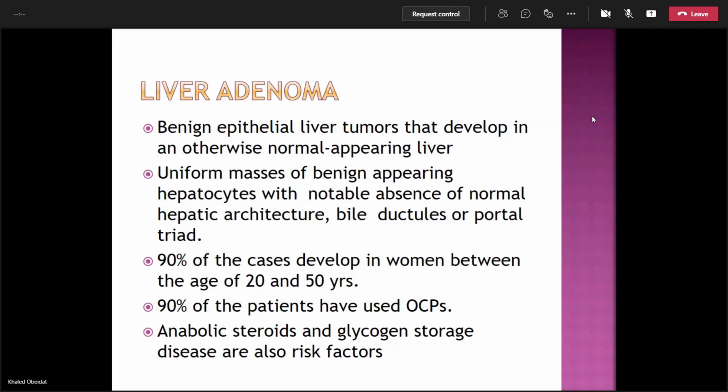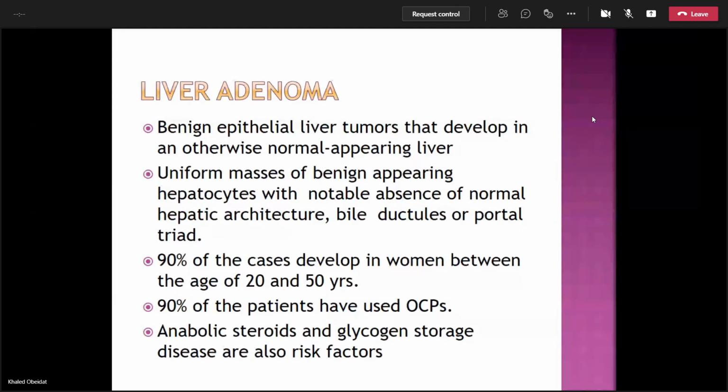It is strongly related or connected to estrogen. So most of the women who develop the adenoma have history of oral contraceptive pill use, and usually it is seen in the childbearing age. In addition to oral contraceptive pills, steroids and glycogen storage disease also increase the risk for development of adenoma.